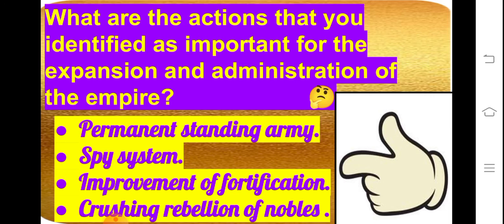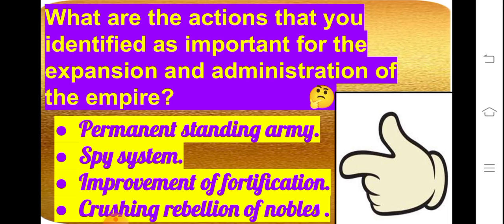The expansionist policy of Alauddin Khilji included military campaigns across North India. He won wars against the Deccan rulers and yet chose not to rule over them directly.